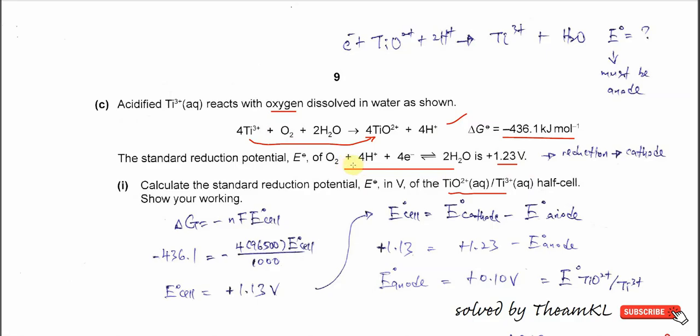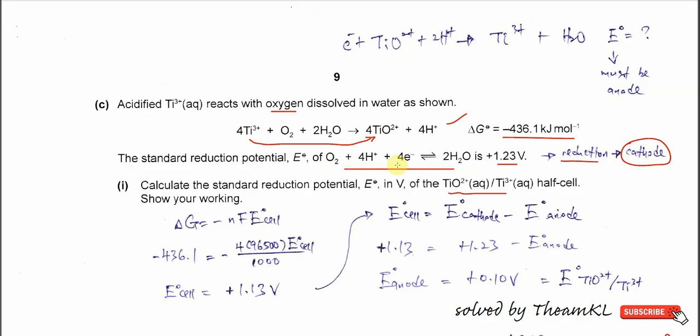So this oxygen half cell must be in reduction form, because it must gain electrons and oxidize others. So this one stays as reduction form, undergoing reduction. When it's a reduction, it's a cathode. So we know that the oxygen half cell is a cathode.